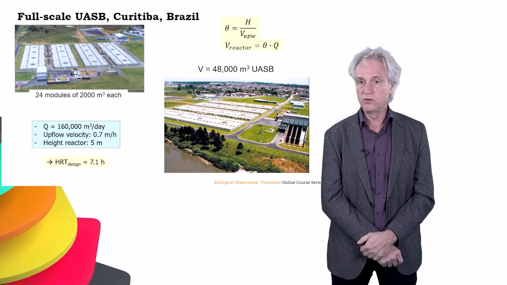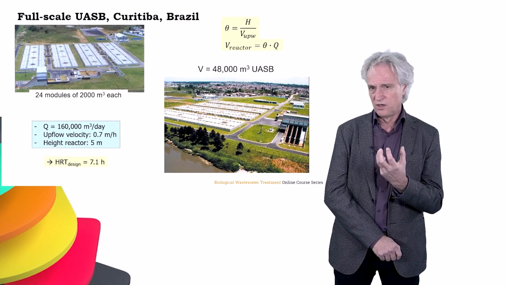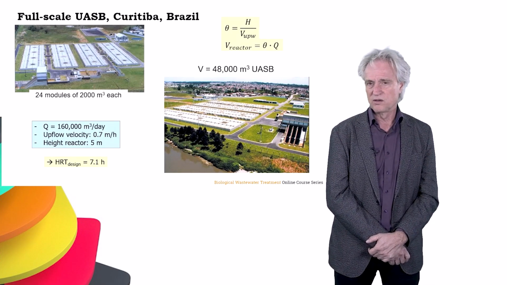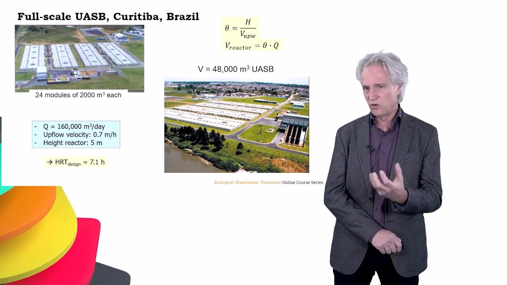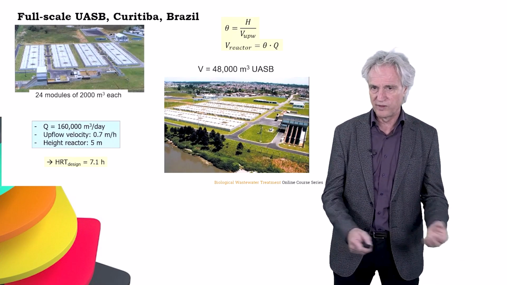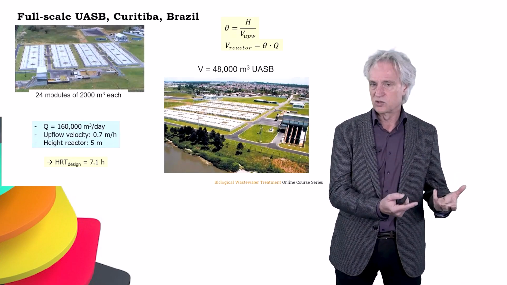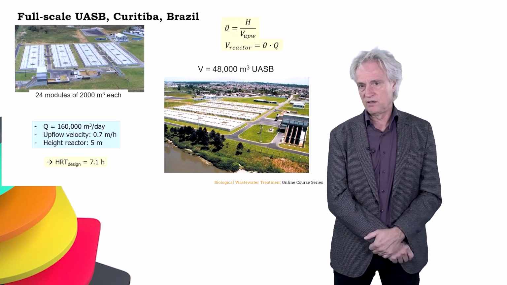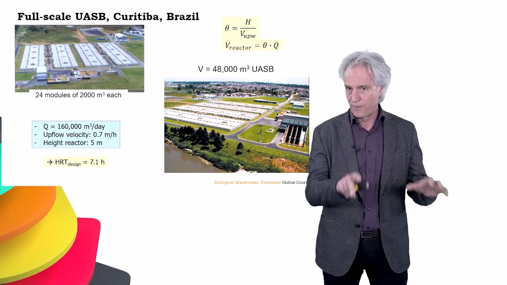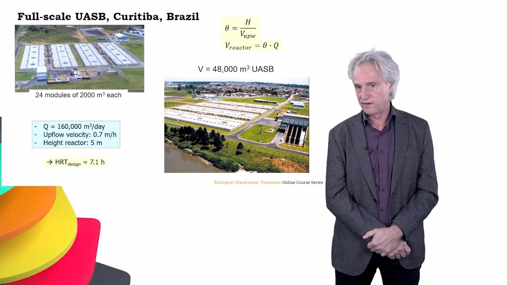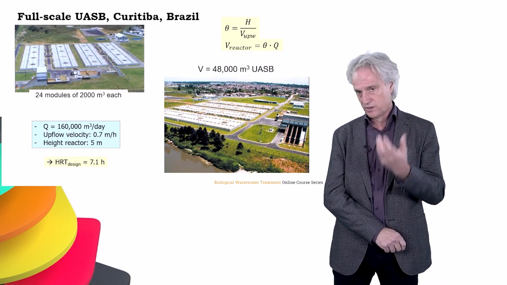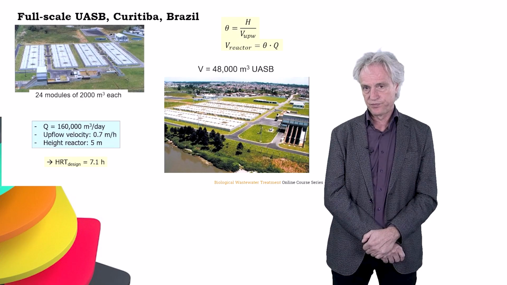Interestingly, you can also see that the reactor is located in relatively close vicinity of the urban area, so apparently there's no smell, and apparently the contractors took all measures to combat smell and take care that no bad odors reach the urban areas.